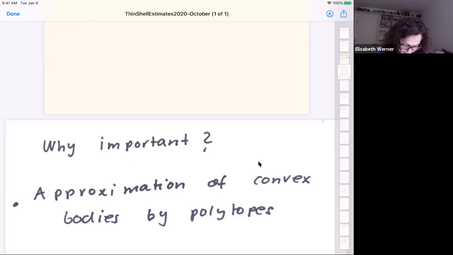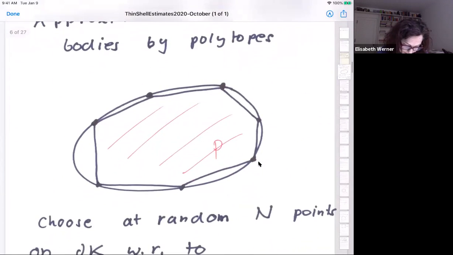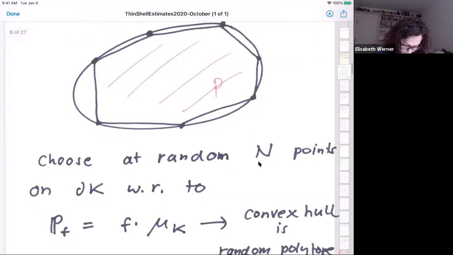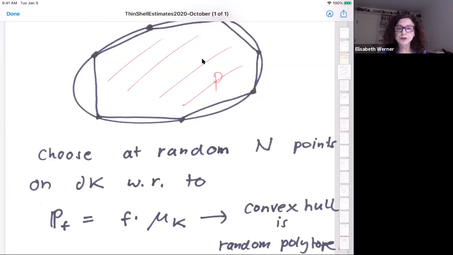So let me explain the setup. We have a convex body K. Now what we'll do is choose at random capital N points on the boundary of K. We choose those points on the boundary of K with respect to a probability measure, which I call PF. What's PF?